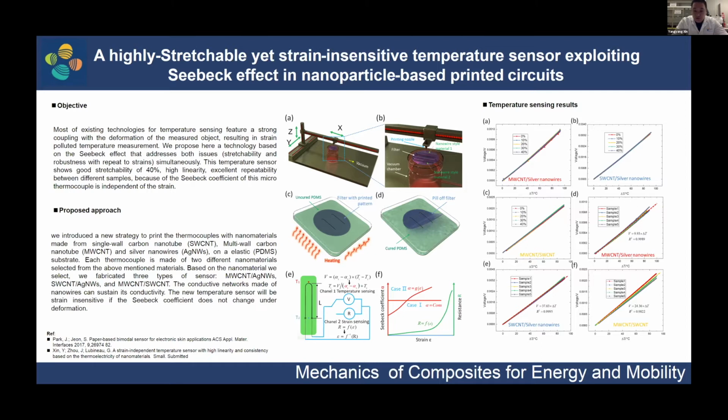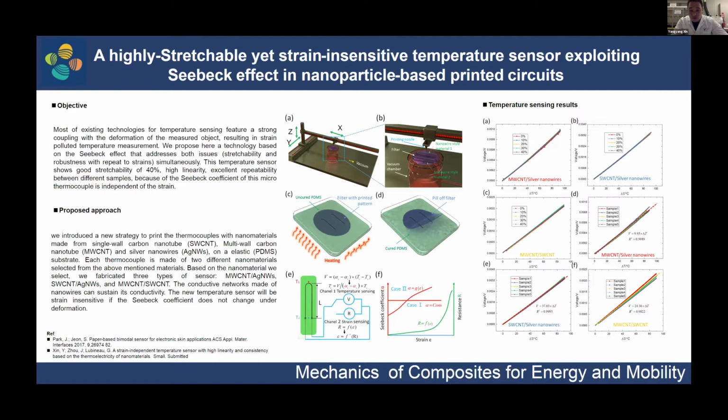We think the change of the Seebeck coefficient with the strain should have two cases, as shown in the figures. The first is that the Seebeck coefficient of these two nanomaterials is stable with the strain. The other is that the Seebeck coefficient changes with the strain.